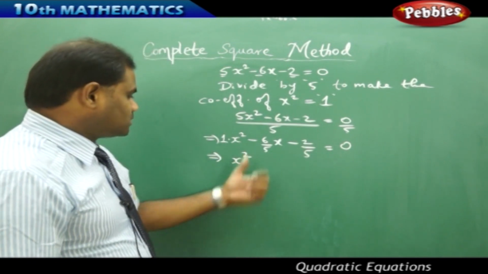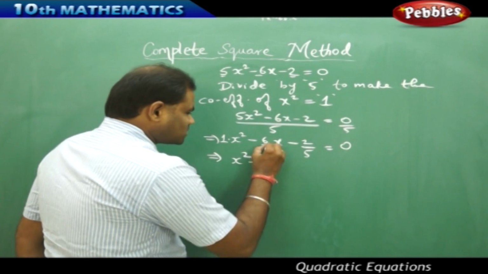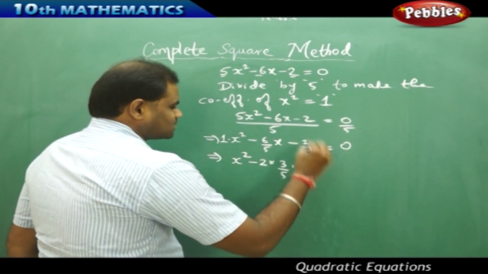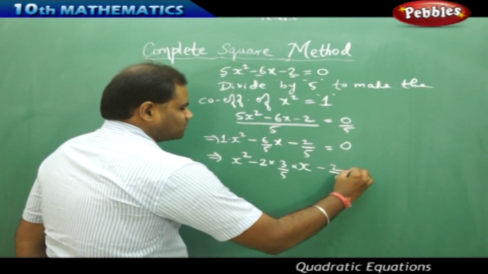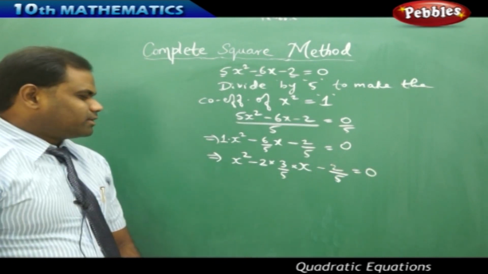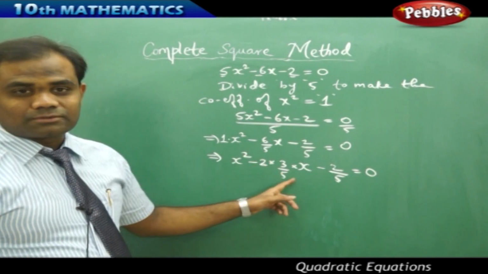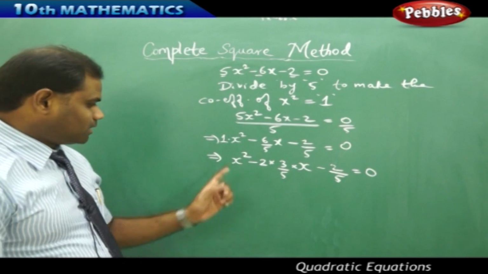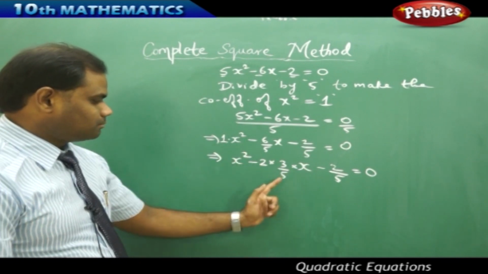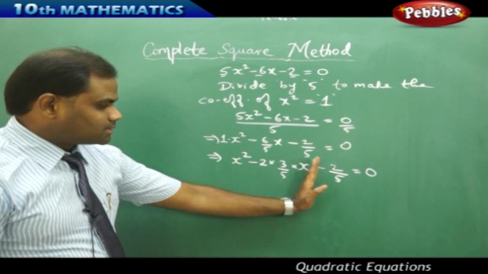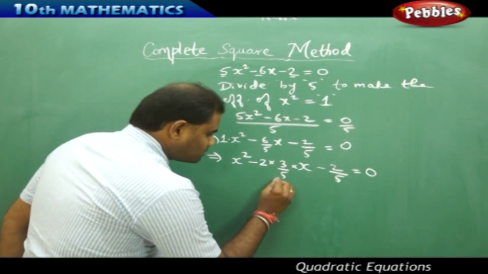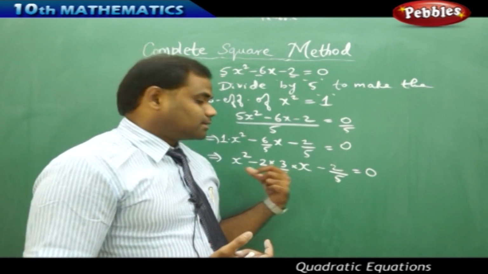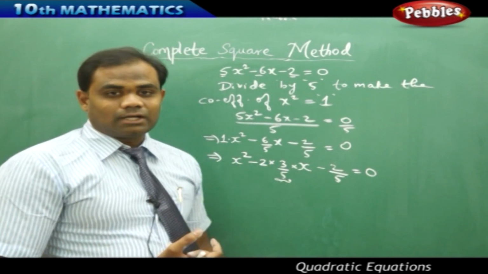So therefore, I have x square minus 6 I can write as 2 times 3 by 5 into x minus 2 by 5 equal to 0. The reason why I split this 6 into 2 times 3 is because I want to reduce this into the form a square minus 2ab, and b square is the term missing out there. Therefore, this being b, I add and subtract the b square term so that I get a complete square. So let's see how we can do that.